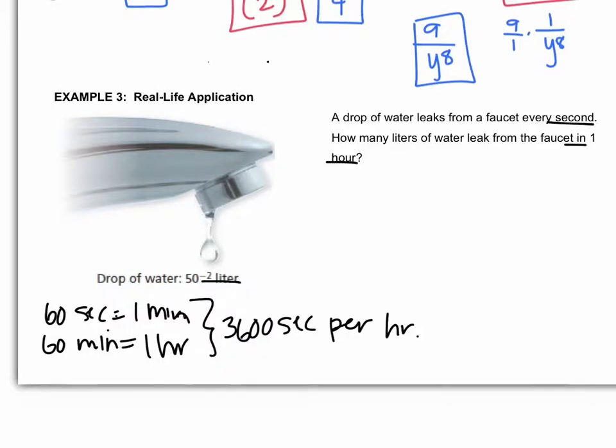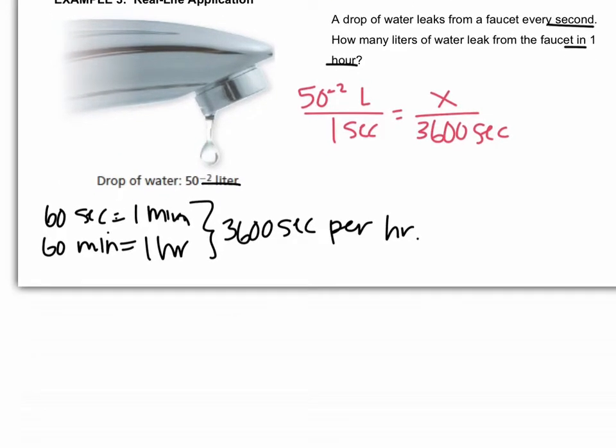Okay, so now that I know that, now I can solve the question a little more. And this makes me think of 7th grade proportions. I get 50 to the negative 2 liters in 1 second, and I want to know how many liters that is in 3,600 seconds. So let's do it.